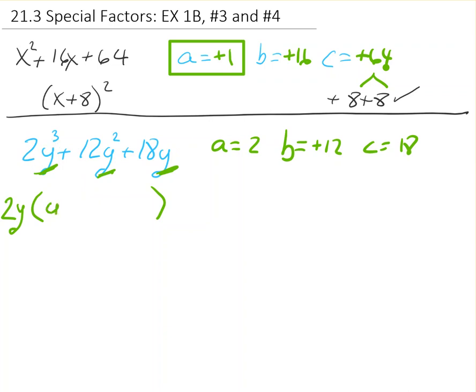Well, there's only one thing, y squared. What do I multiply to a 2y to get a 12y squared? Well, it would be a positive 6 with just one y. And what do I multiply to a 2y to get 18y? Well, then that would be a positive 9.